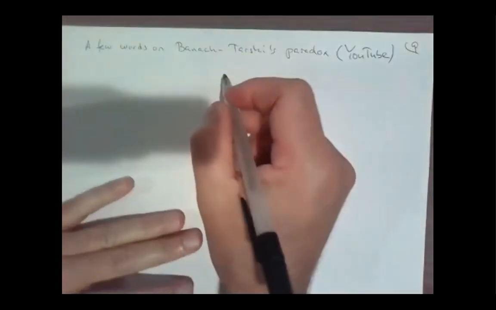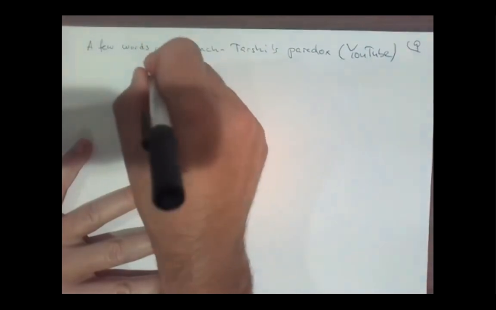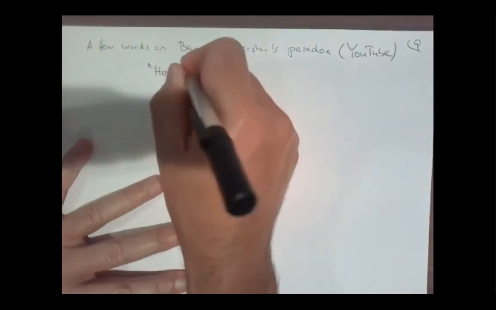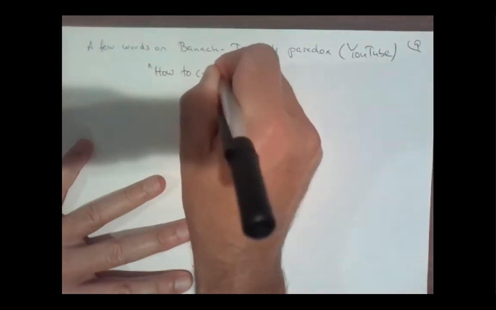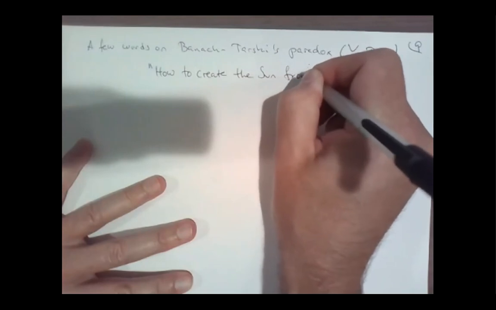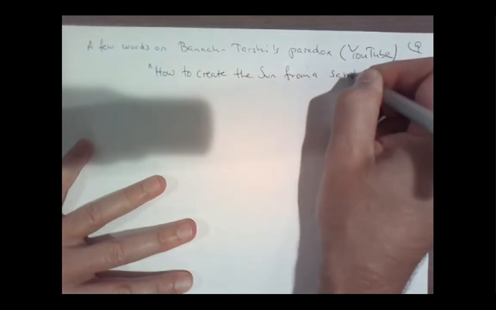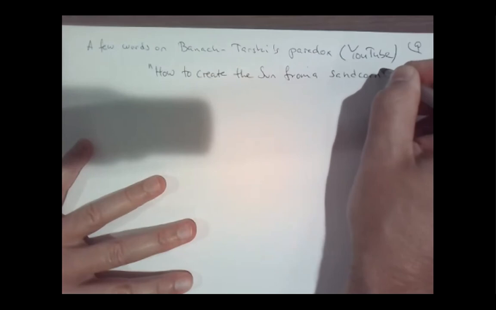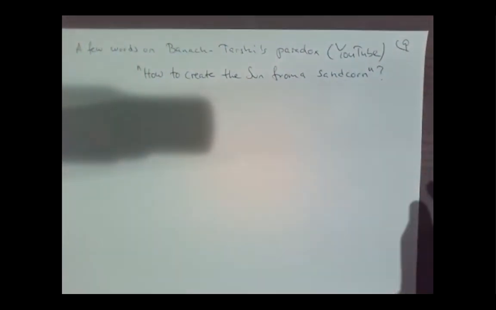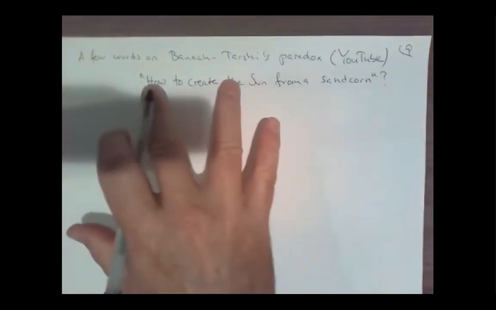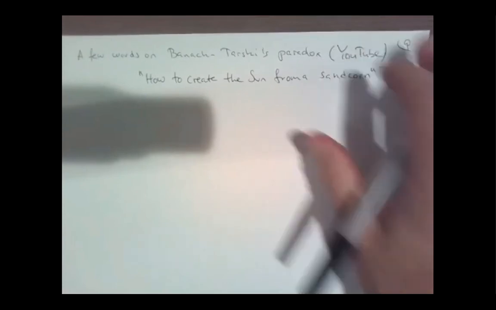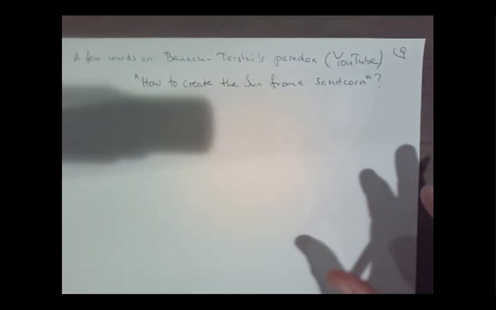Another name for this paradox is how to create the sun from a sand grain.